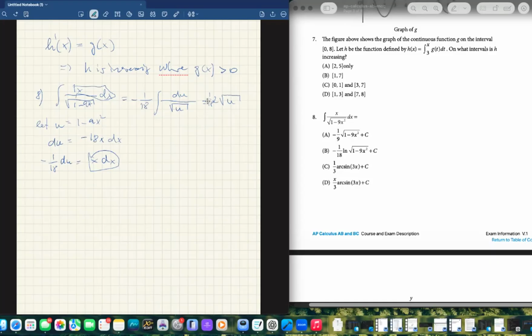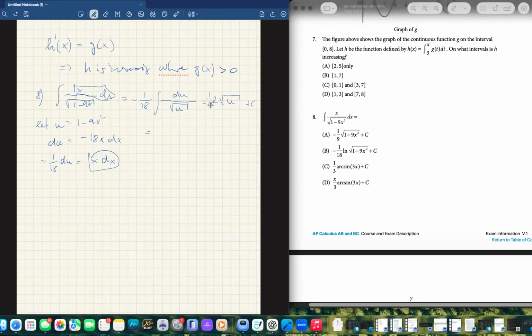Like so, okay? Now let me clean this up again. Do we have to have anything else? Well, we have to have the C. So let's write this clean and also do the u substitution in reverse.